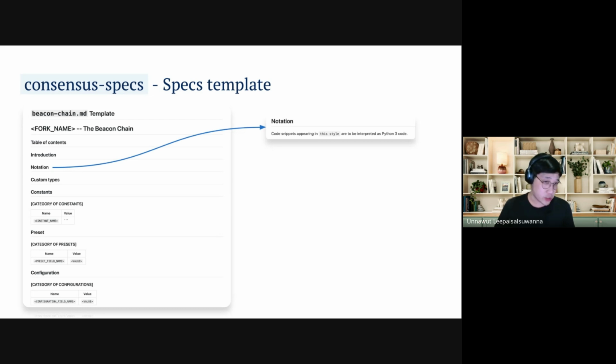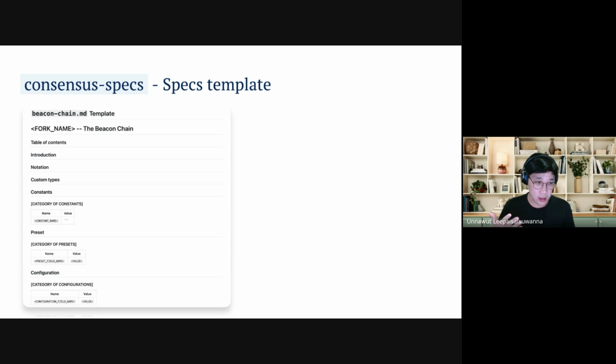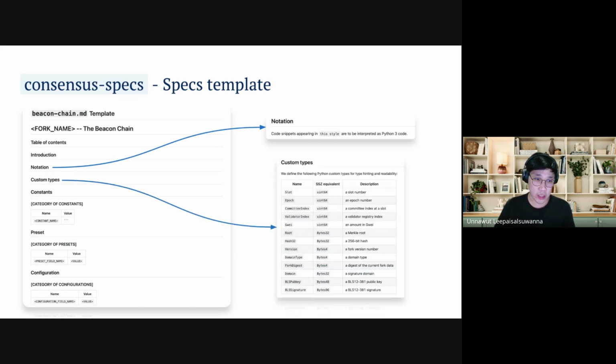Namely, it contains the introduction, of course, describing what that specification document is about. The second thing you see would be the notation. I think this gets dropped in the later releases. I don't see that anymore, but in the template it's still there, basically saying how to understand the code snippets that are inside the specs.